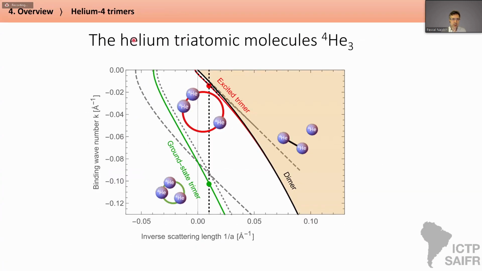Okay, now we come to the case of the helium triatomic molecules of helium-4. Again, I've made a similar plot as in the case of the triton, where I represented the zero-range theory with these long dashed lines. And that is, as always, as a function of 1/a, the scattering length between the helium atoms.